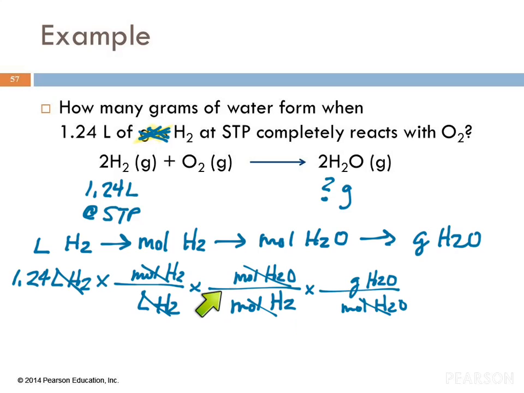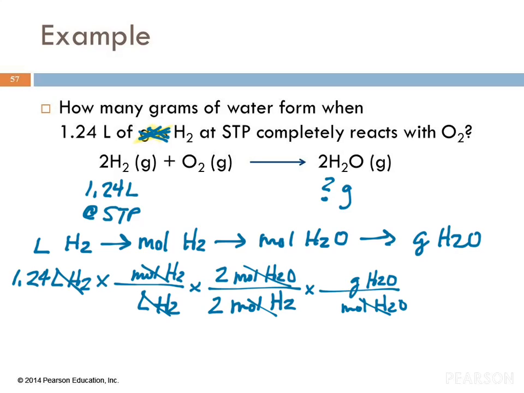The one in the center is always the easy one. Coefficients: 2 before the H2, 2 before the H2O. Moles of hydrogen per liter of hydrogen. At STP is the key here. What is this relationship at STP? 22.4.